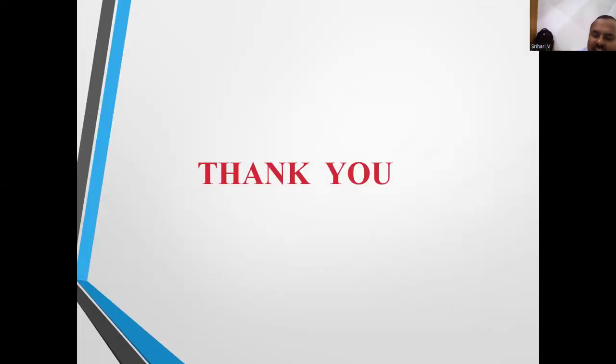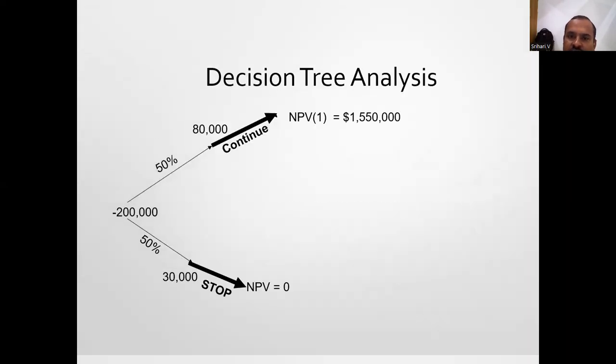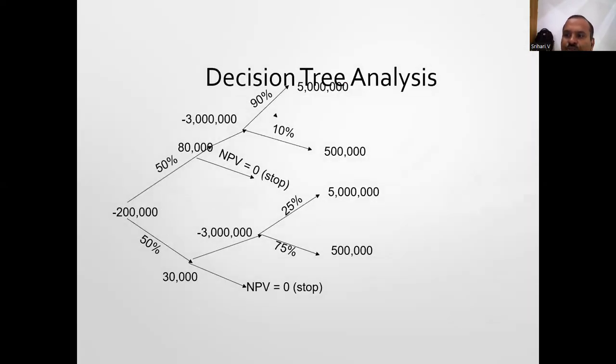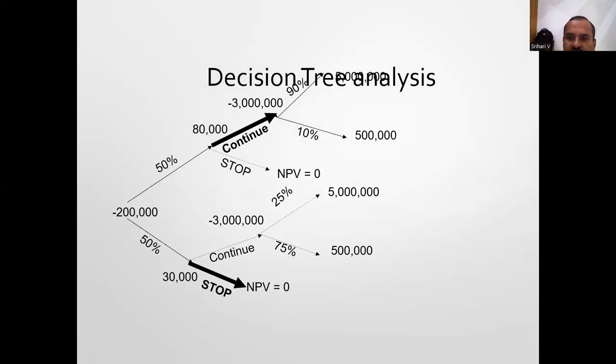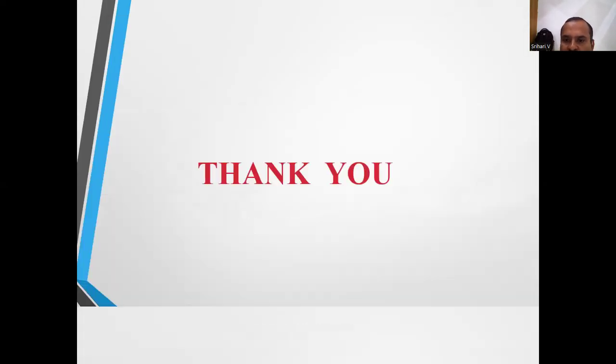Let us summarize the things that we learned in capital budgeting, the methods under risk and uncertainty. We have learned sensitivity analysis, scenario analysis, Monte Carlo simulation, then decision tree. Sensitivity analysis is a model where one of the important factors is going to change, and in scenario analysis, all the factors, that is all the variables, are going to change.